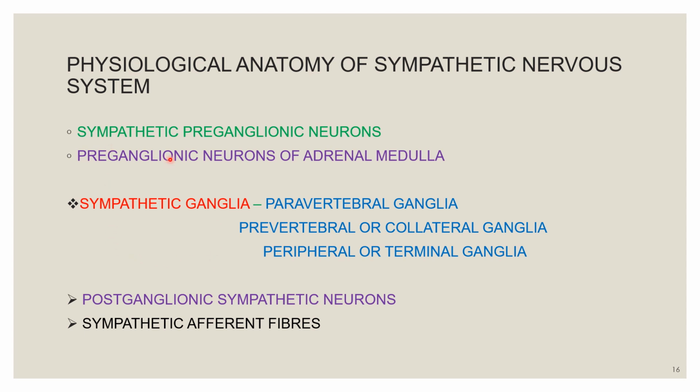We have sympathetic preganglionic neurons, preganglionic neurons of the adrenal medulla, and sympathetic ganglia: paravertebral, prevertebral or collateral, peripheral or terminal ganglia. And from that we will get postganglionic sympathetic neurons and sympathetic afferent fibers. All these come under physiological anatomy.